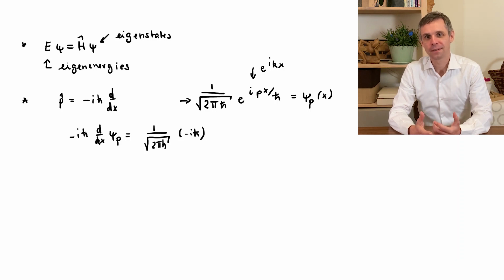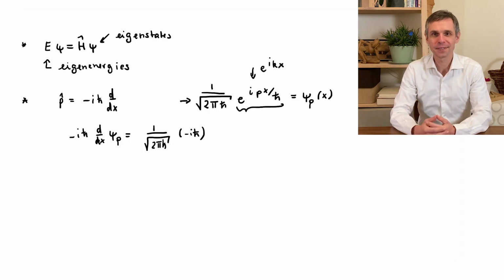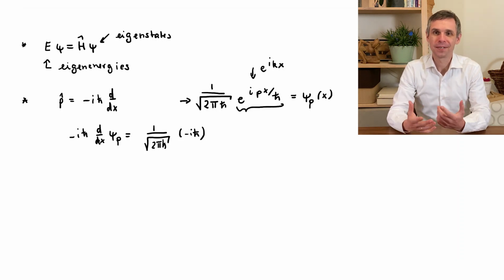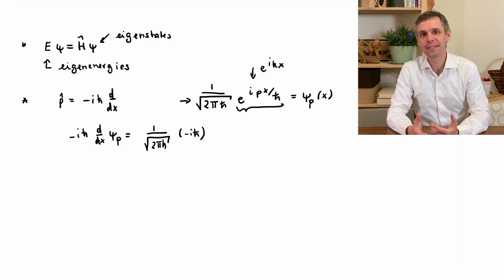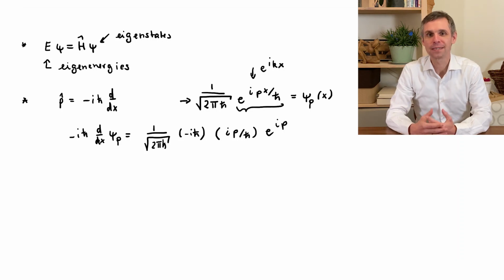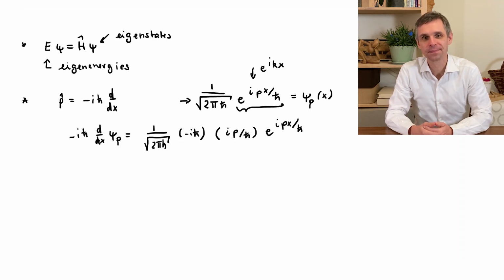And now we have to take the derivative of the exponential function, which is basically the same procedure as before in the motivation of the Schrödinger equation. And what we get out of this is that according to the chain rule, the factor ip divided by h bar, which in the exponent appears in front of the x, appears at the front of the expression, and then it is just multiplied by this exponential function again.